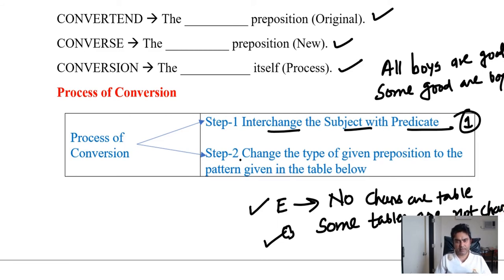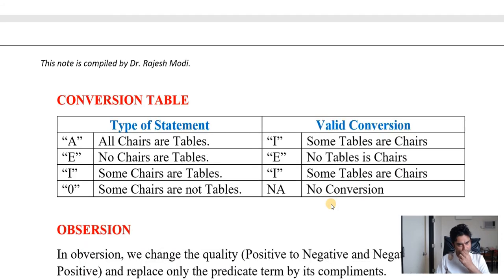So remember the word: 5 into 4 is 20 and 4 into 5 is 20. So you can convert I to I without any problem. But O type of proposition, some chairs are not tables, no conversion is possible. Now this is the conversion table.